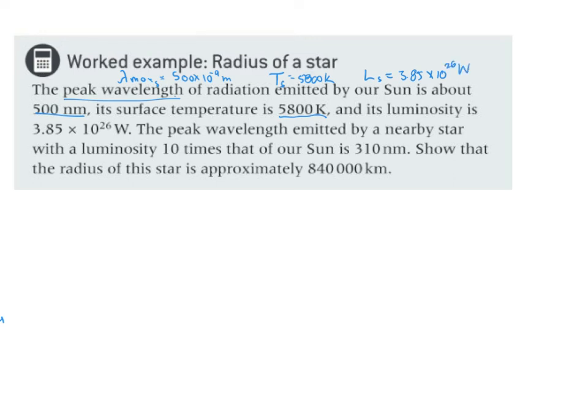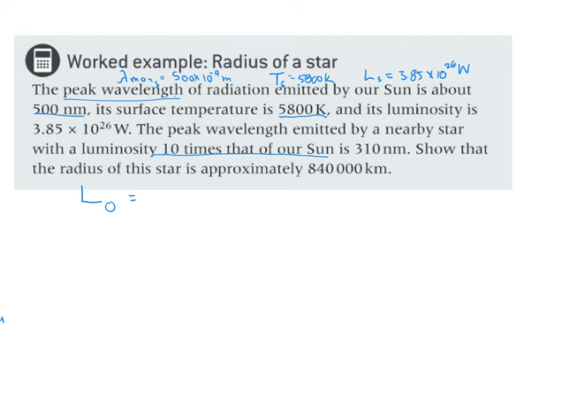The peak wavelength emitted by a nearby star with a luminosity 10 times that of our sun. So we'll write this down as the luminosity of another star, which is 10 times that of our sun.